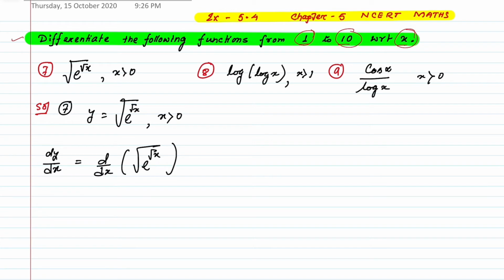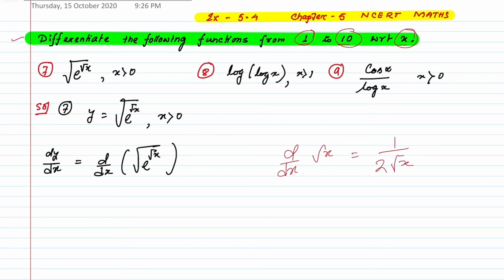Now you see, here you can assume this whole thing as x. We can consider this one as root x, and we know the derivative of root x is 1 by 2 root x.